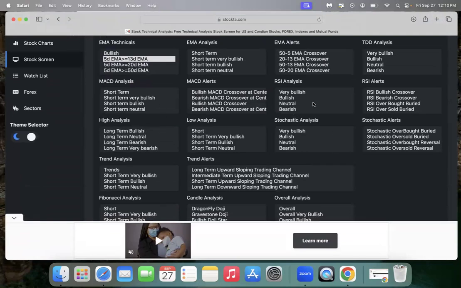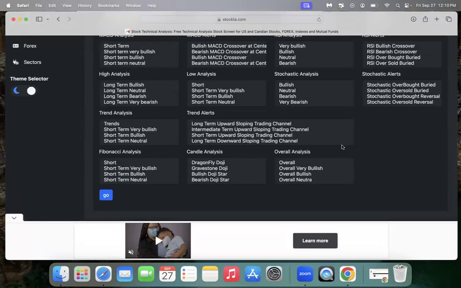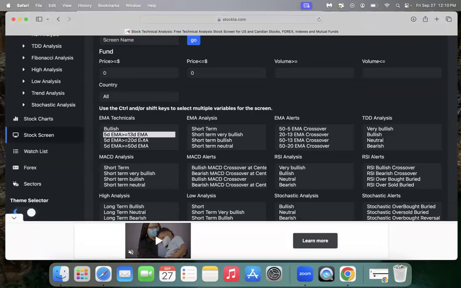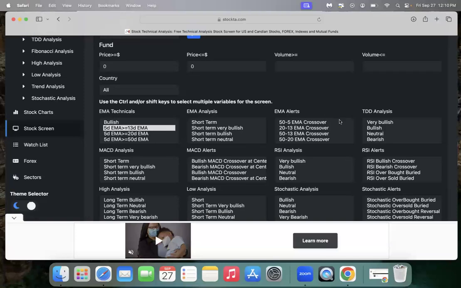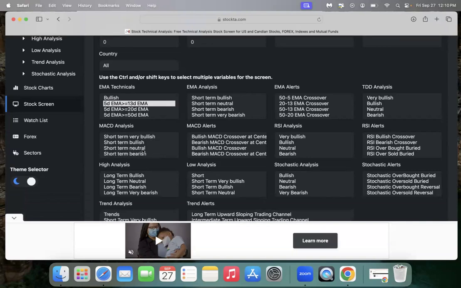You can check, the more things you check, obviously the less results you will get, but you can pick, hey, 5-day above the 13. I want MACD. Let's see.